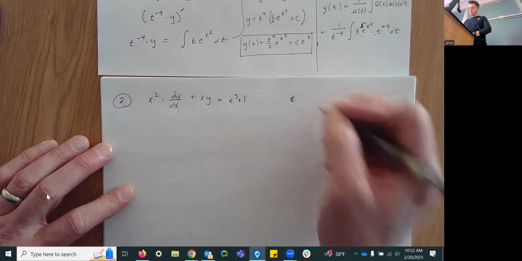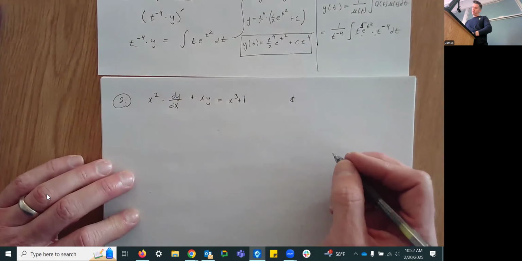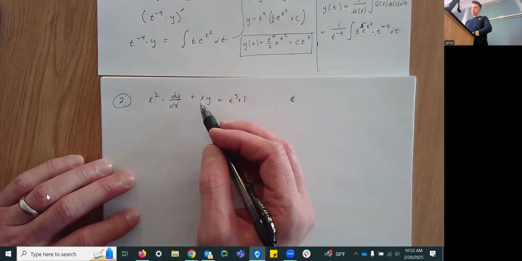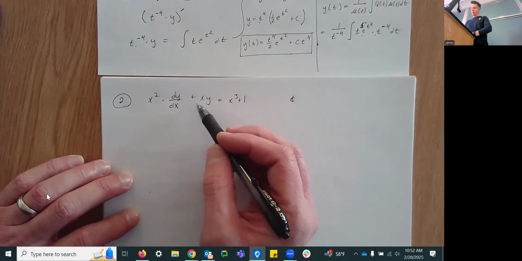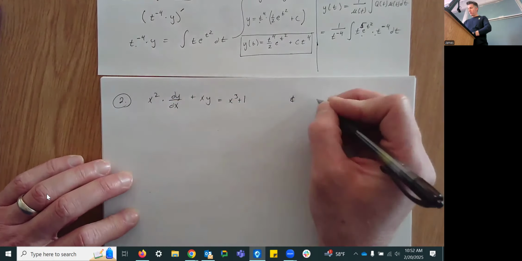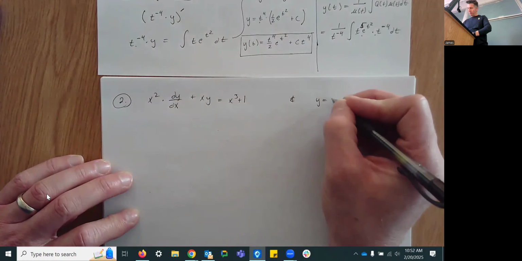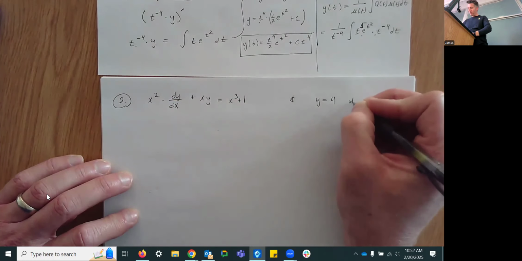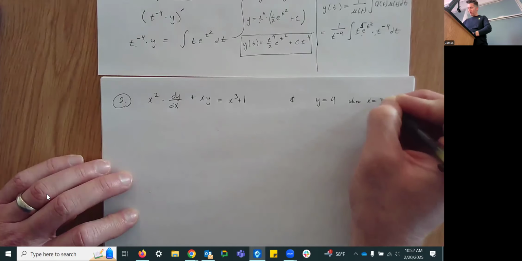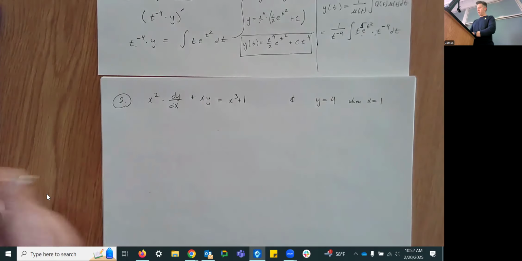Let's say that y equals 4 when x equals 1. Or you might write that as y of 1 equals 4.